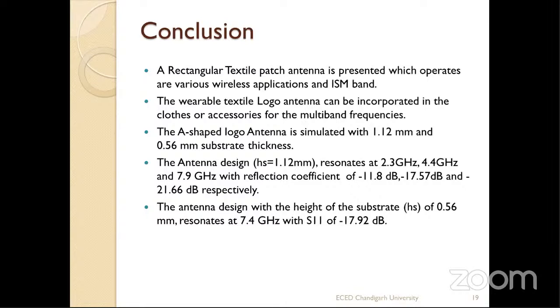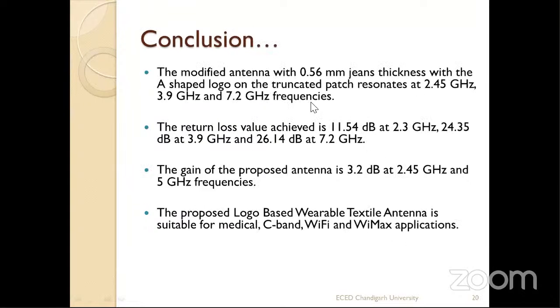The wearable textile antenna can be incorporated into cloth, because we were using simple jeans material here, so it can be incorporated into clothing. With the 1.12 mm thickness it resonates at these different frequencies, and with 0.56 mm it resonates at 2.5 gigahertz, 3.9 gigahertz, and 7.2 gigahertz. So it is suitable for the medical band, C band, Wi-Fi, and WiMAX applications.